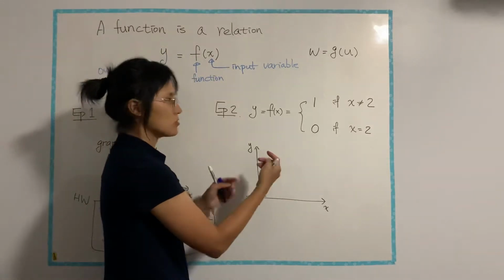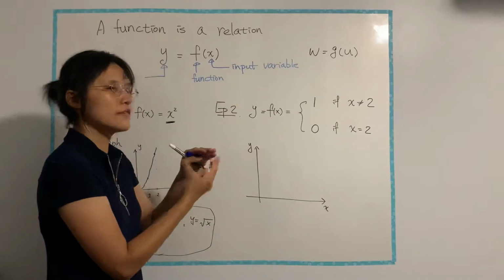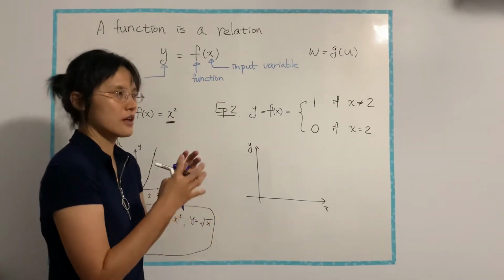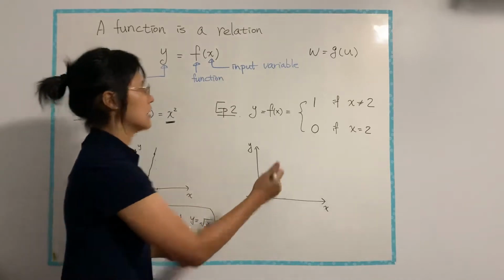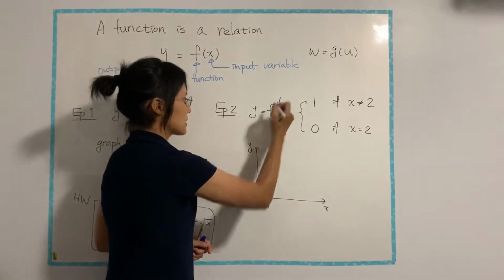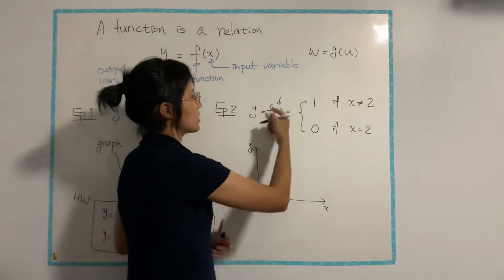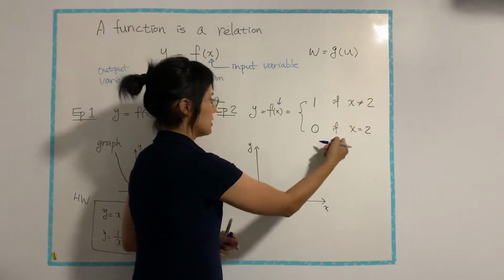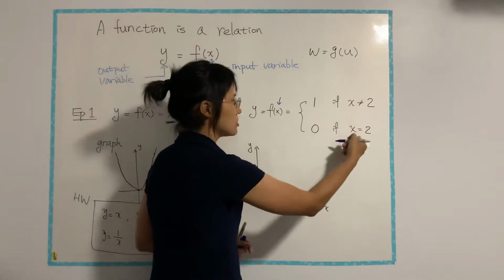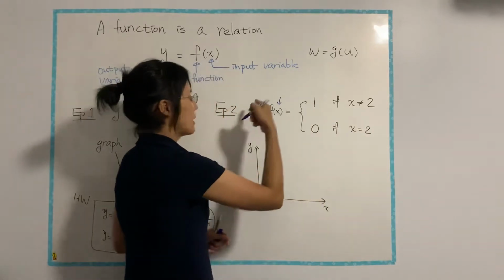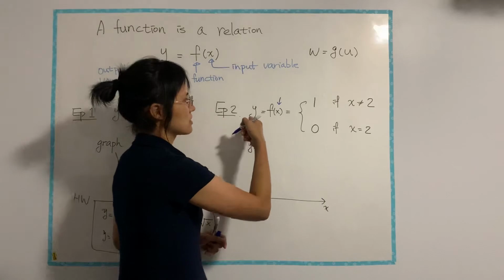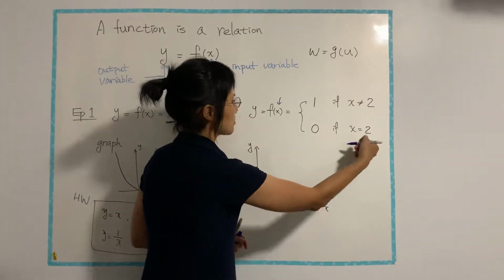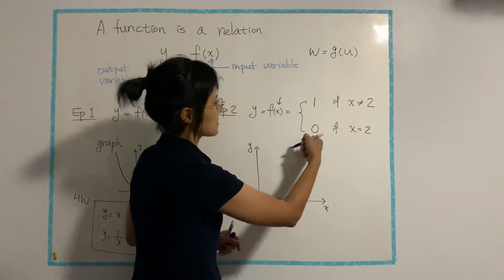If you have experience with any programming language, this is basically the if command. When I have an input value x, it goes to the logic here. If x equals 2, then the output value is 0, because it says if x equals 2, then y equals 0.